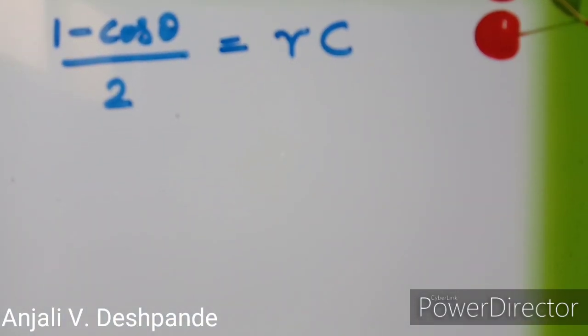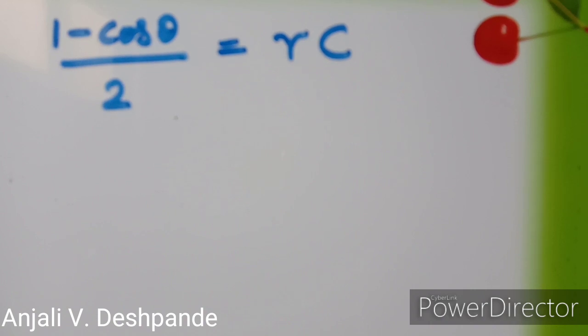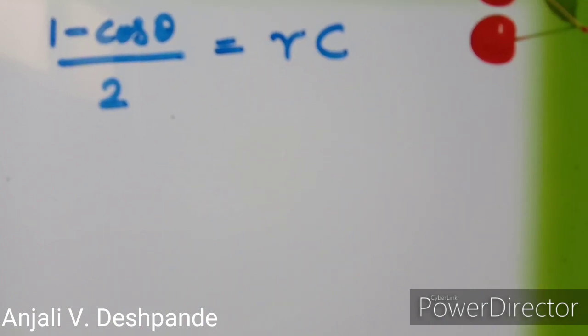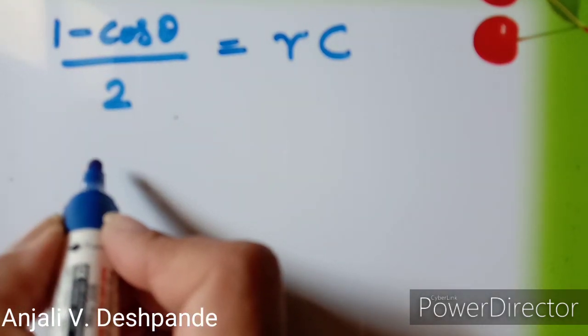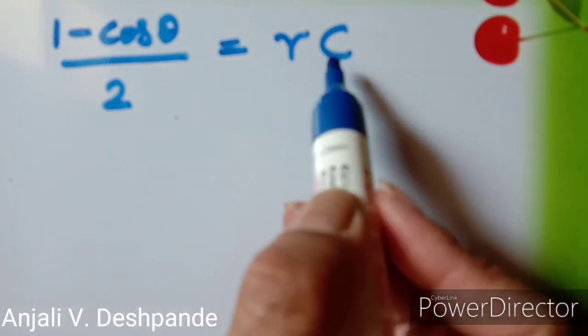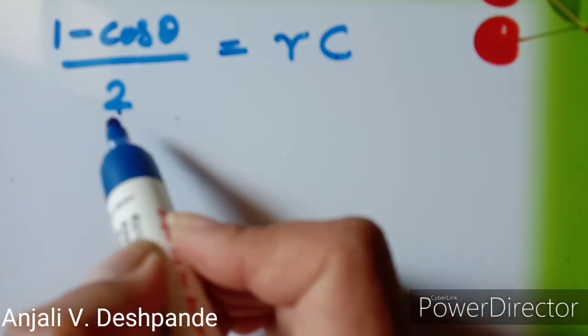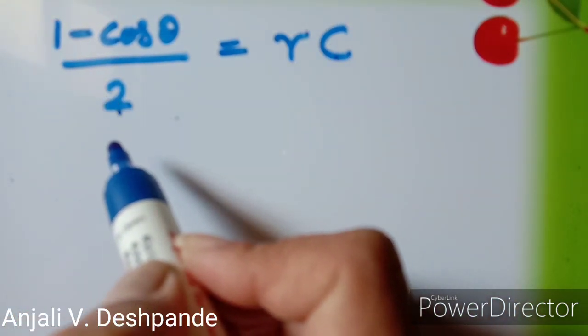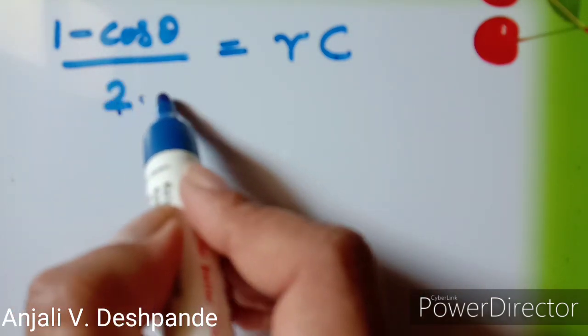If I want the c term on one side, and r and theta on the other side, so that it looks like a proper equation, I can do one more small step. I will take this c to the denominator, so that 2c is still a constant, isn't it?